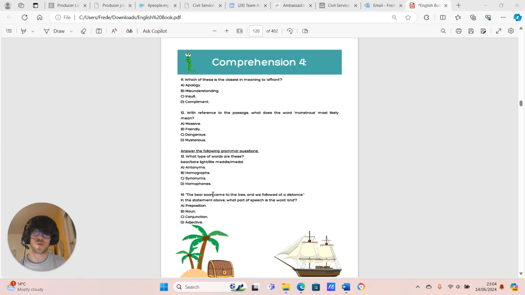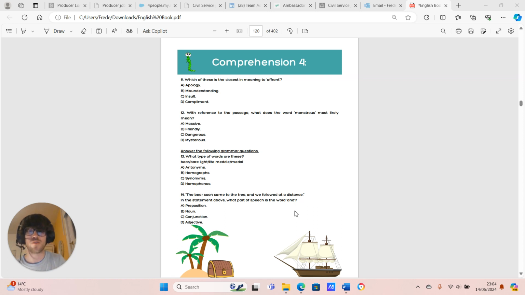A homophone is words that aren't necessarily spelt the same, but they sound the same. Phone, like telephone, to do with sound, to do with listening. Bear and bear, light and light, medal and medal, they sound the same to me. It's D, homophones.